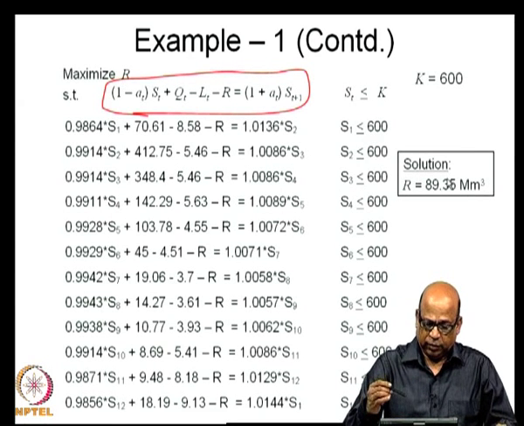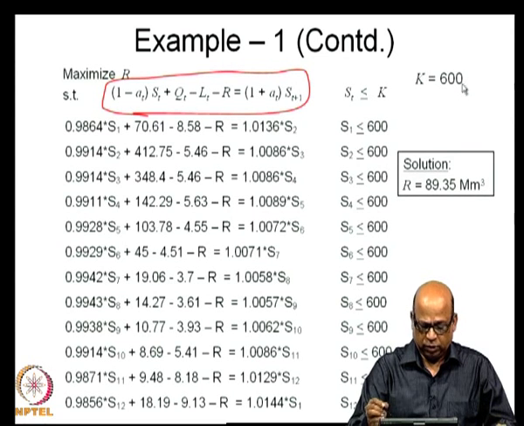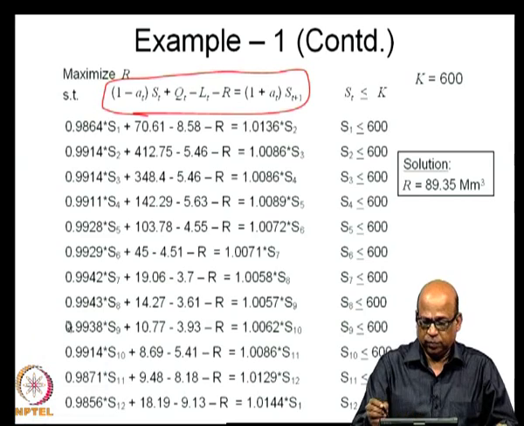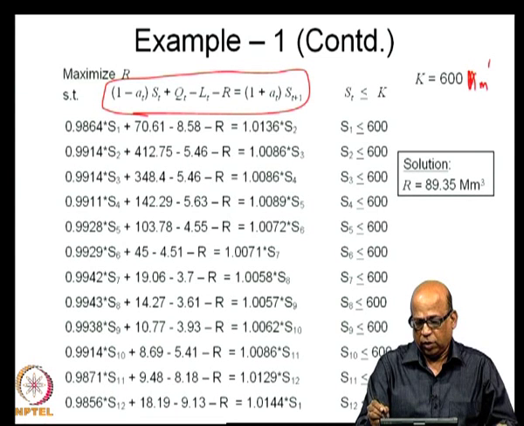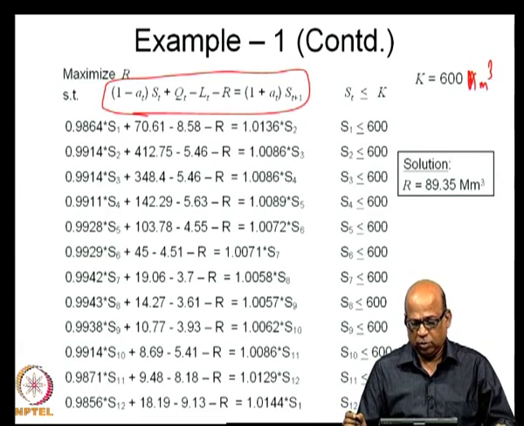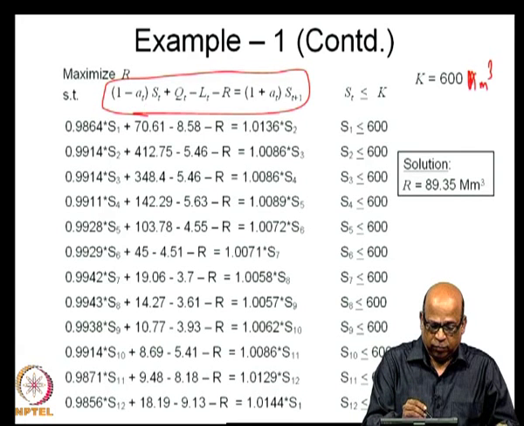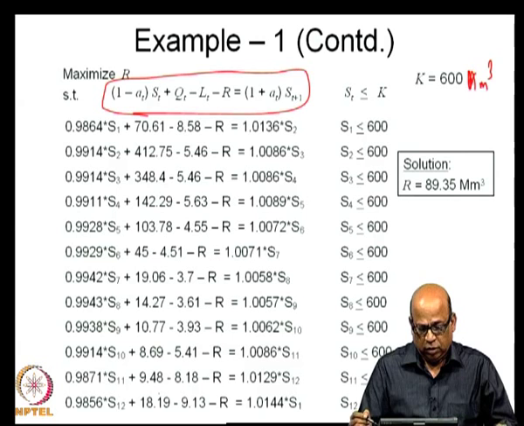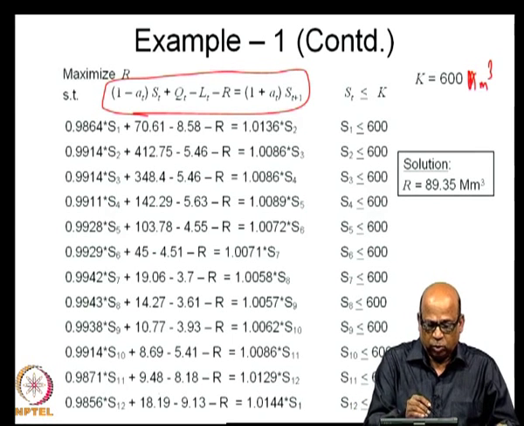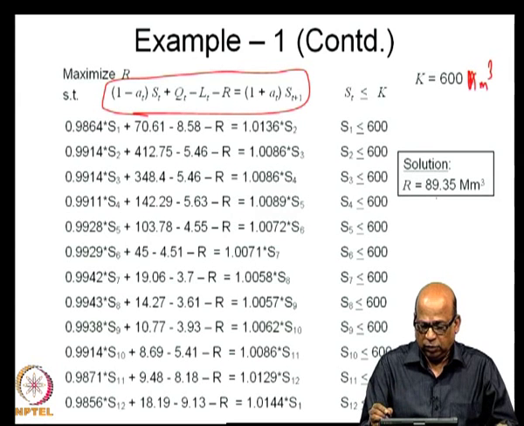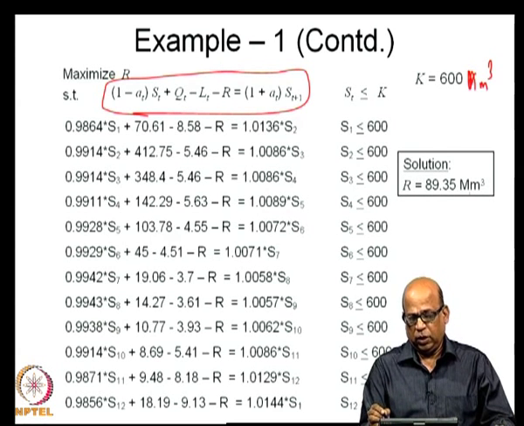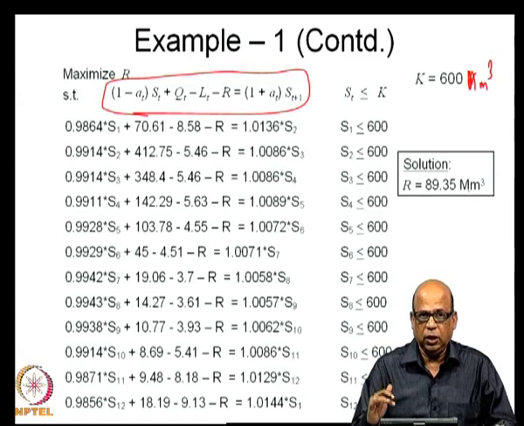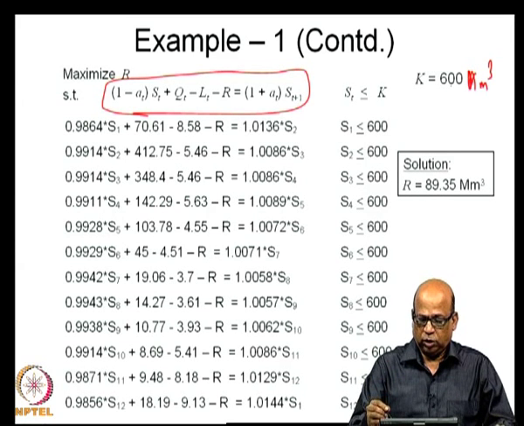This means that for a given storage of 600 million cubic meters, for this given sequence of inflows, the maximum constant release that you can maintain from this storage is 89.35 million cubic meters. So, this is the yield corresponding to the storage of 600.